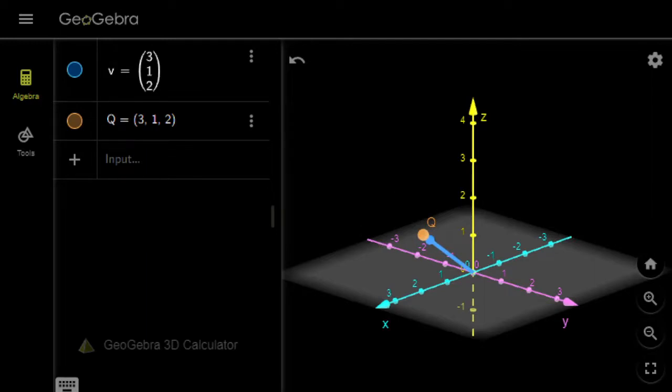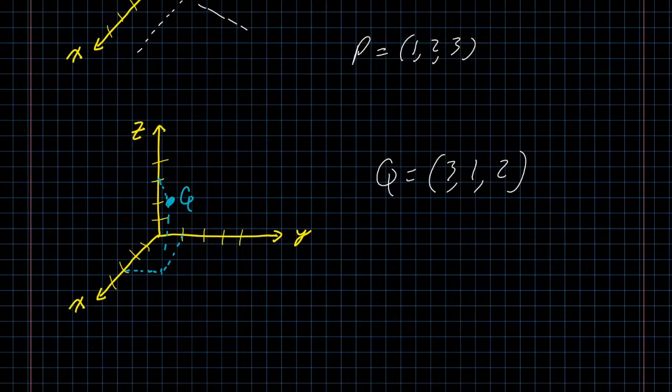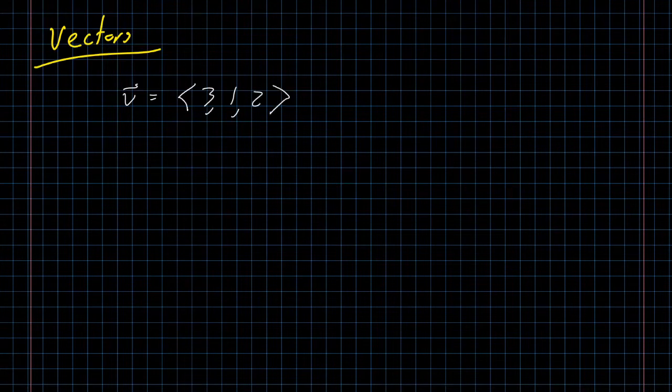If I jump back over to my notes sheet, I can start talking about vectors algebraically instead. All right, so we can name the components in component form like this.